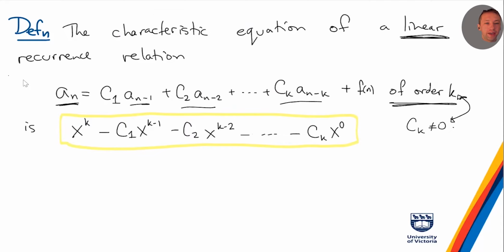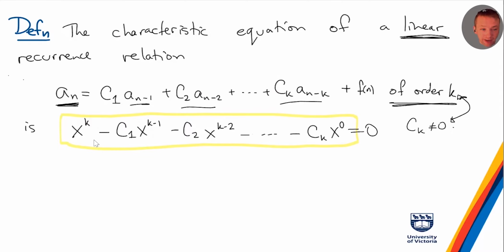So the characteristic equation, and I should have an equation here, not just a polynomial, you write it as x to the k, so think of your a_n as corresponding to the x to the k term, minus c_1 x to the k minus 1, minus c_2 x to the k minus 2.